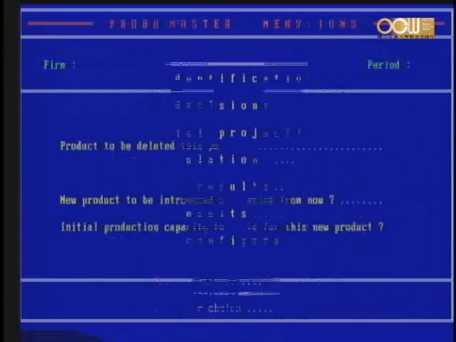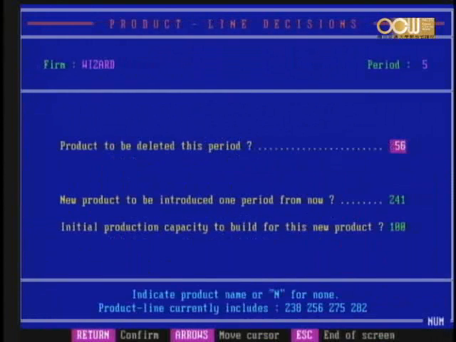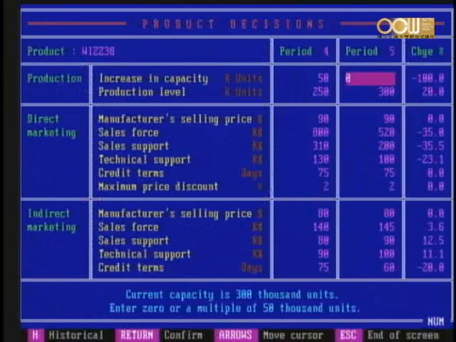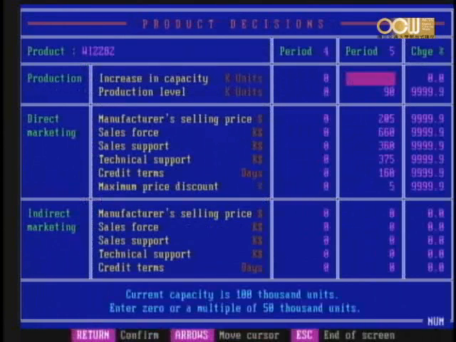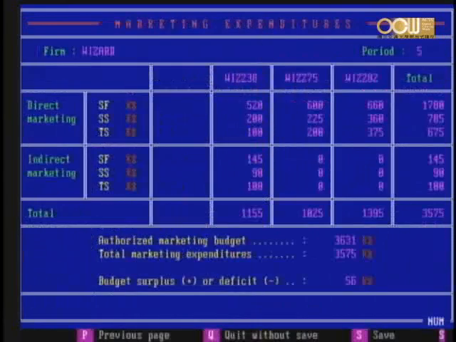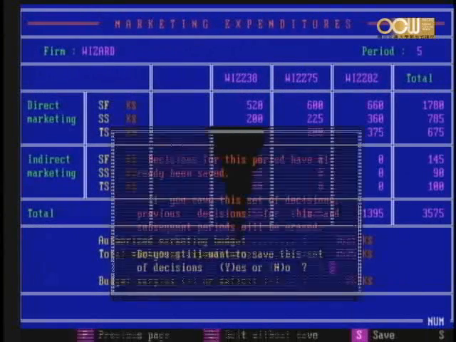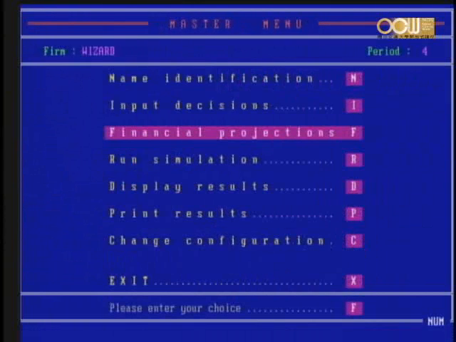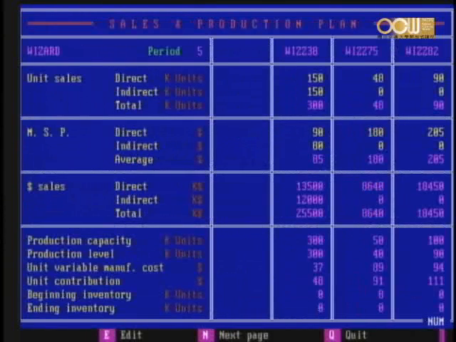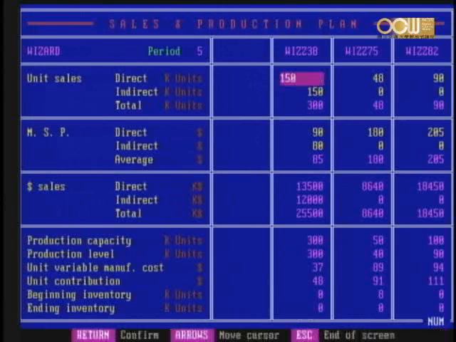Okay, let me show you again. All right, wrong one. Okay, I should do financial projection. So I put this one like 50, and these are 250.